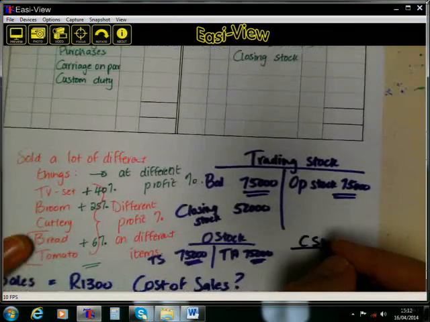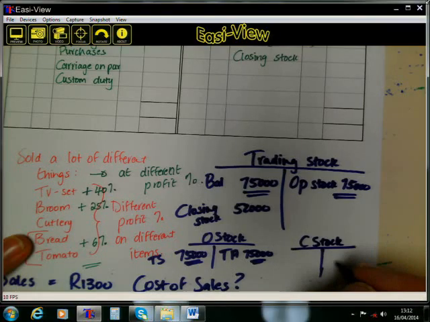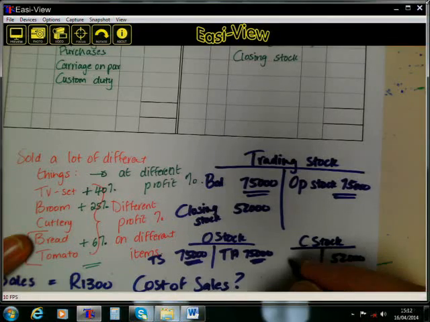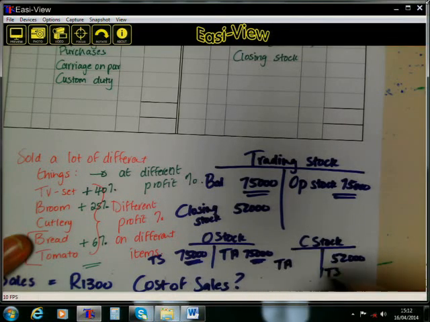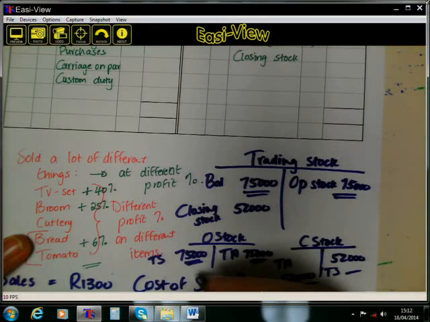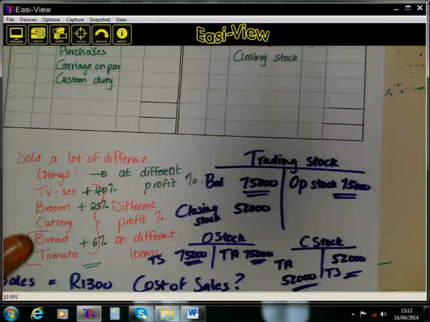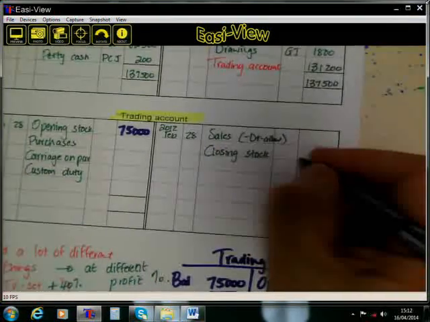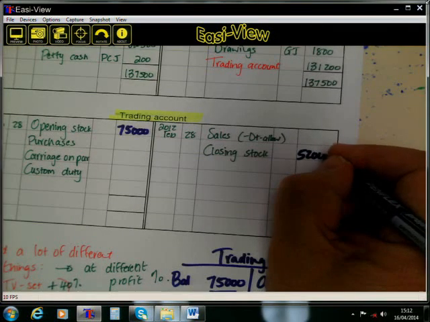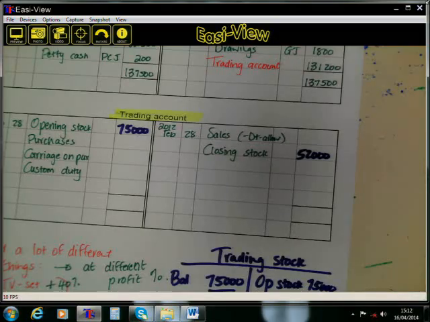You put the 52,000 in there from your trading stock account, and then you take it to the trading account for 52,000. So you basically close it off, and then you've got 52,000 rand for closing stock.